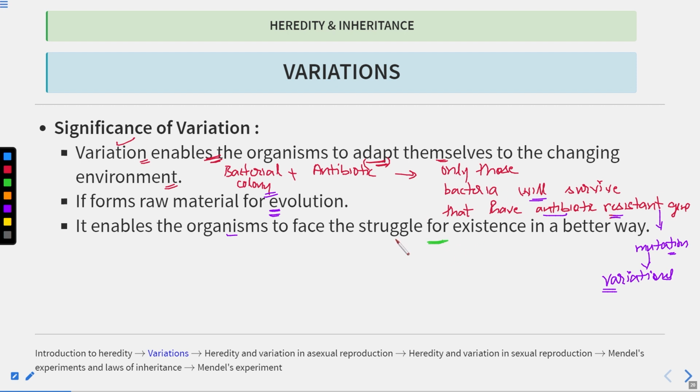Clear? There is a lot of competition for food, air, nutrients, and water, and those organisms that are able to tolerate these challenges will be selected, and their number will increase in the next generation.